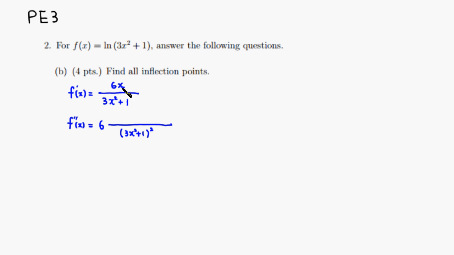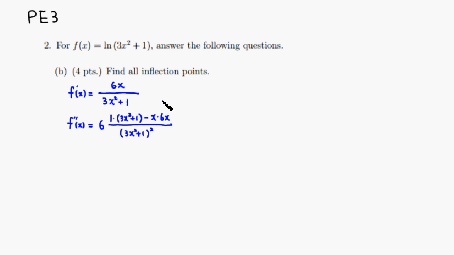The derivative of x is 1 times the bottom, which is 3x squared plus 1, minus the top, x, times the derivative of the bottom, which is 6x again.